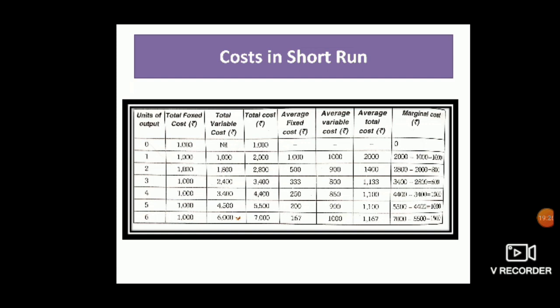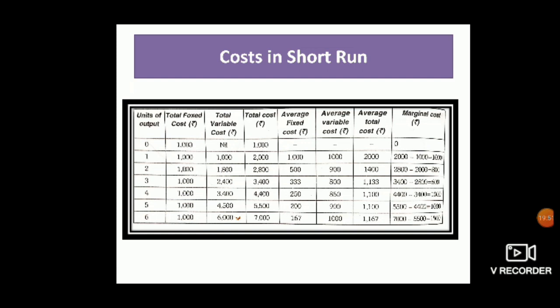This table shows the 6 unit production. Then total fixed cost and total variable cost. So, in the second row, you can see total fixed cost and total variable cost.